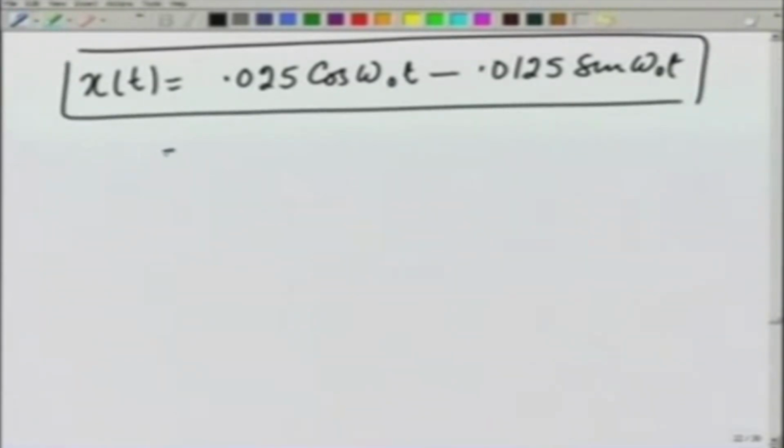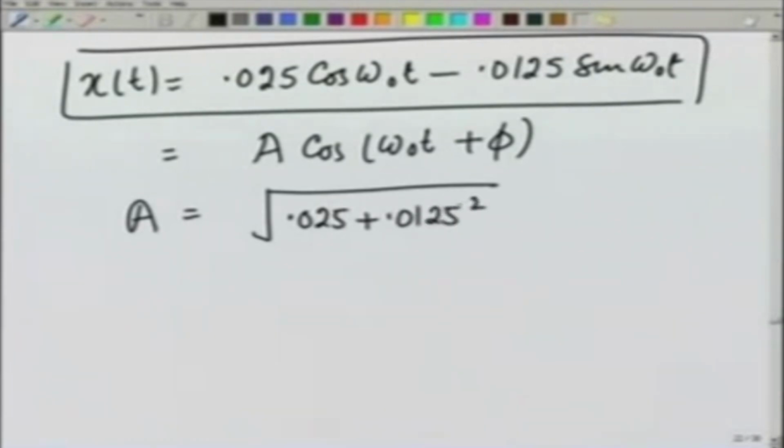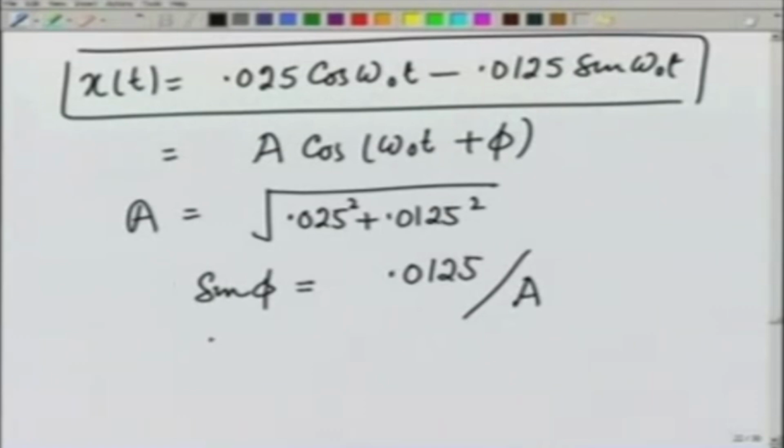If I write it in the form of some amplitude A cosine of omega 0 t plus phi, you can see that A is going to be the square root of 0.025 squared plus 0.0125 squared, and sine of phi is going to be equal to 0.0125 divided by the amplitude, and cosine of phi is going to be equal to 0.025 divided by the amplitude.